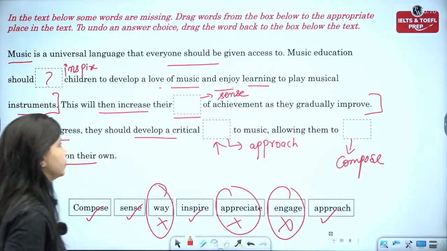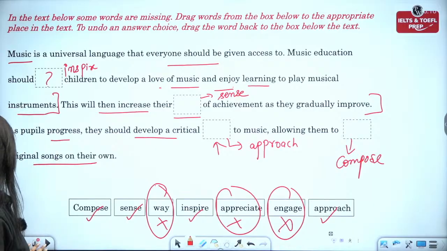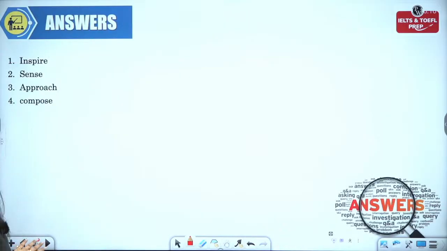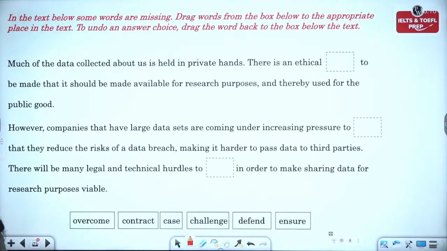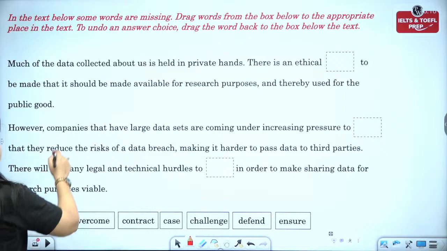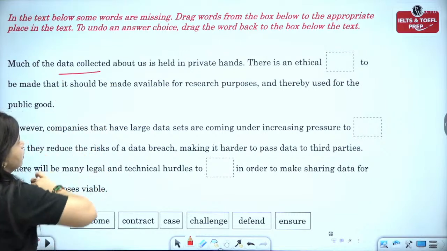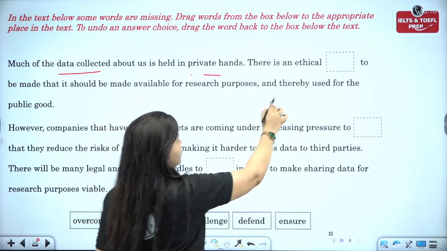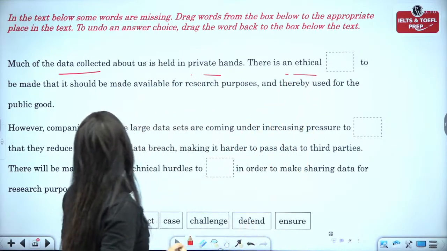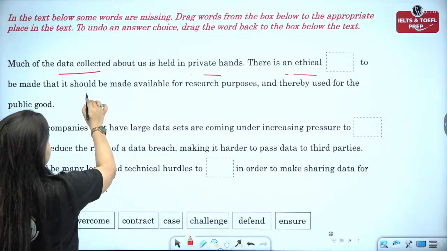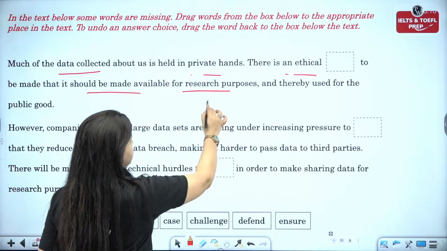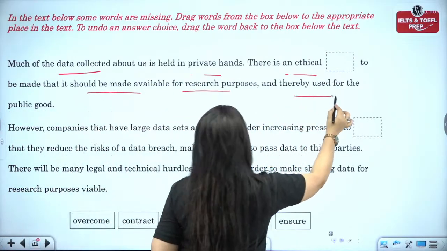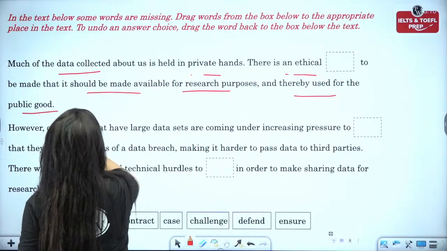Let's proceed to practice exercise 2, and here we go with the answers. This is the second exercise. Let's read it sentence by sentence. So it says, much of the data collected about us is held in private hands. There's an ethical dash to be made that it should be made available for research purposes and thereby used for the public good.